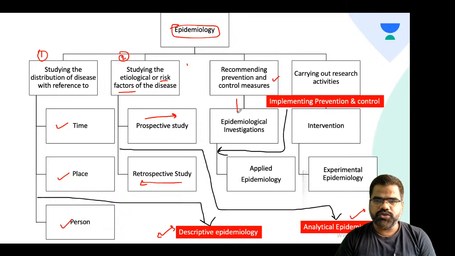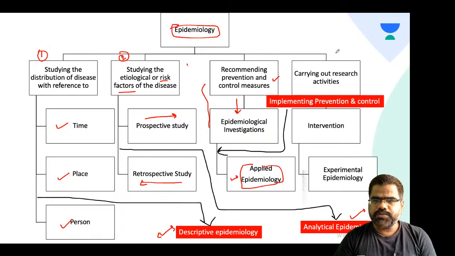For that, what you do is epidemiological investigation. So can we say that this part is applied epidemiology? Whatever knowledge you have gained from descriptive and analytical epidemiology, you will try to formulate prevention and control by doing an epidemiological investigation, and so you will be applying it, and so it is called applied epidemiology.